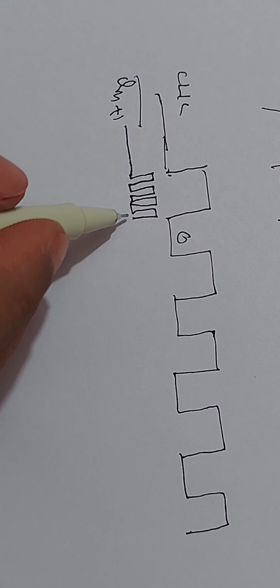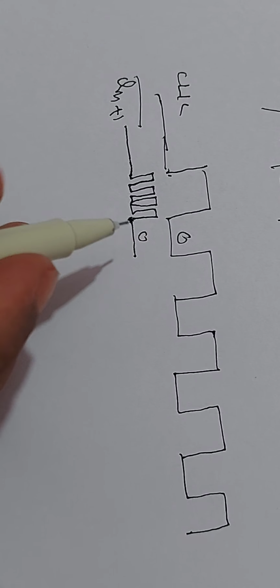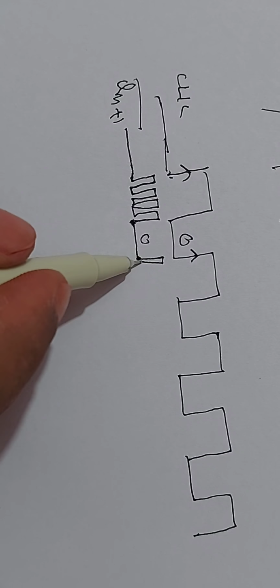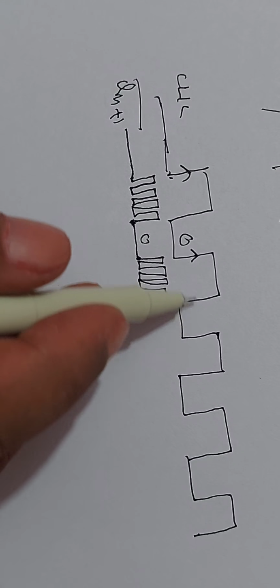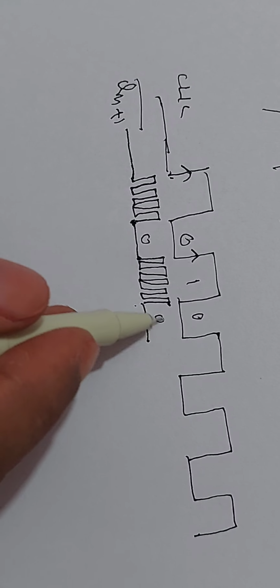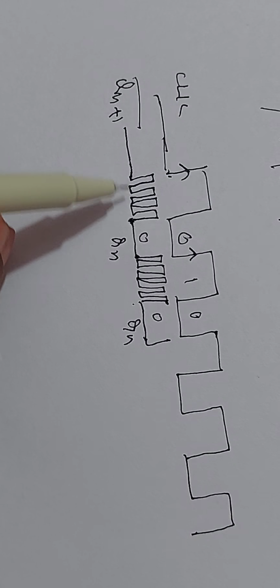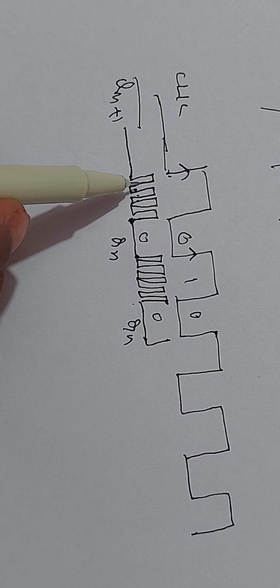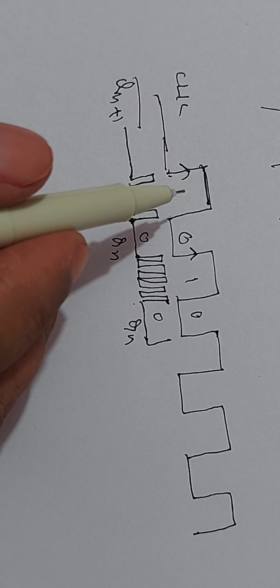During the negative clock pulse, it remains as the previous state output, that is 0. During the rising edge, again it changes its state from 1 to 0, 0 to 1. Then when the clock pulse becomes 0, again it remains 0. That is, the output remains as Qn. You see, there is a continuous change of state here. This number of changes from 1 to 0, 0 to 1 within the clock period is called race around condition.